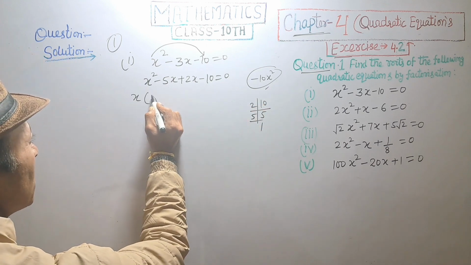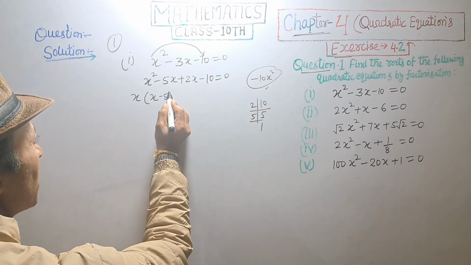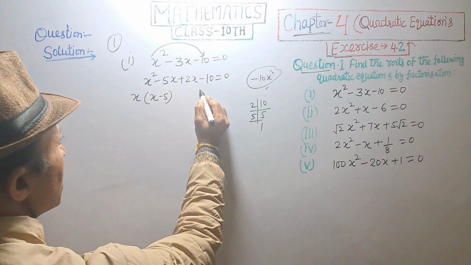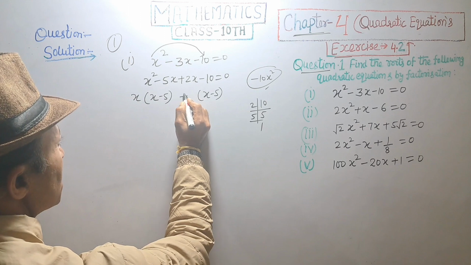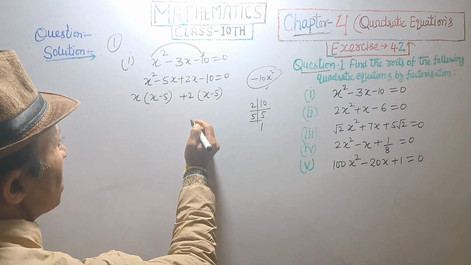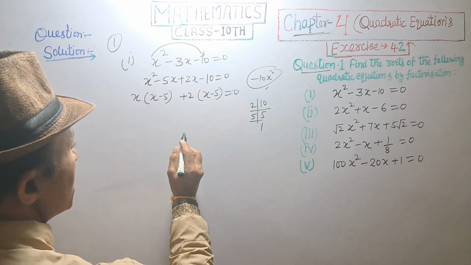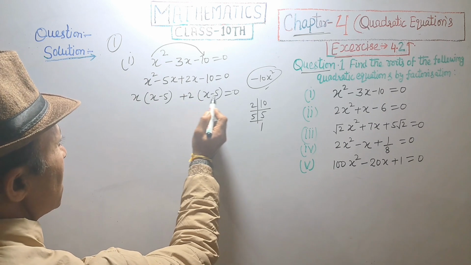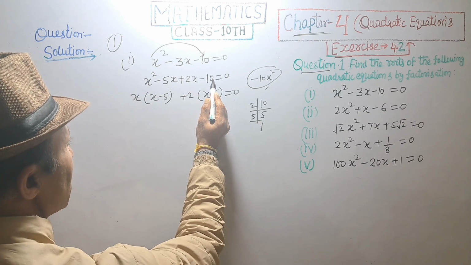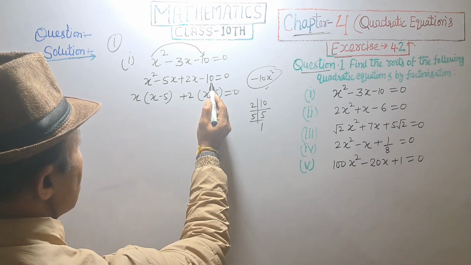x is common, x minus 5 in bracket, and x minus 5 in bracket, plus 2 is common, that is equal to 0. 2 multiplied by x is equal to 2x and 2 multiplied by minus 5 is equal to minus 10.